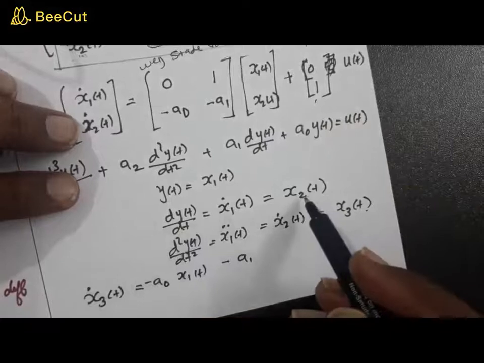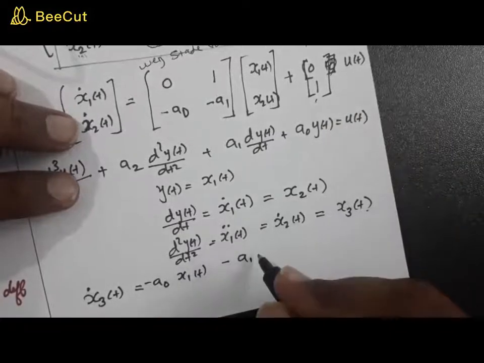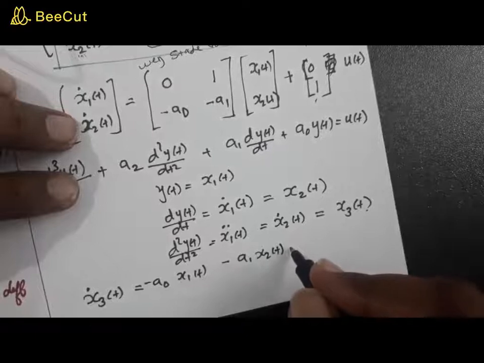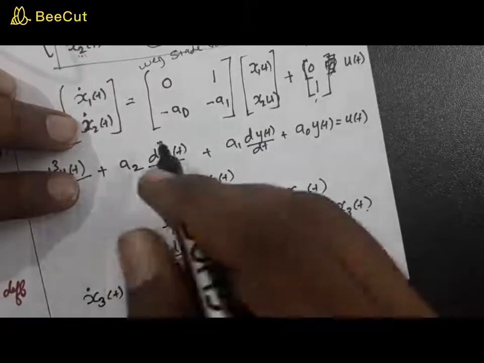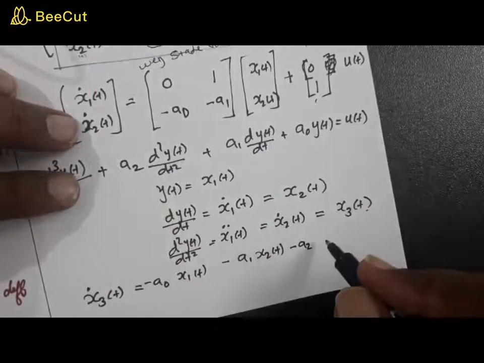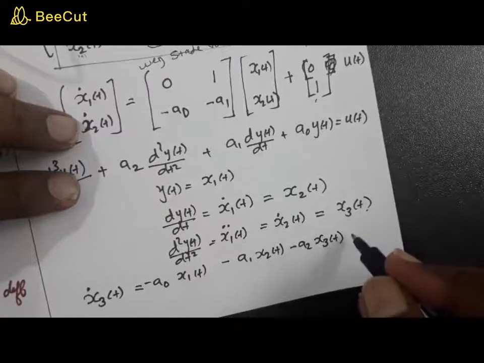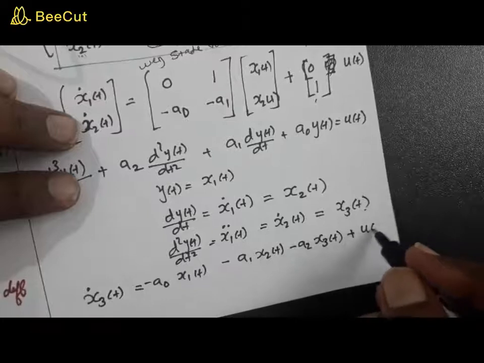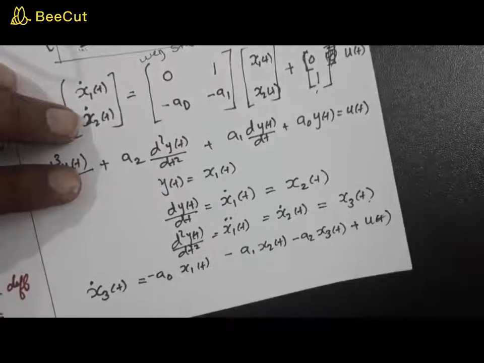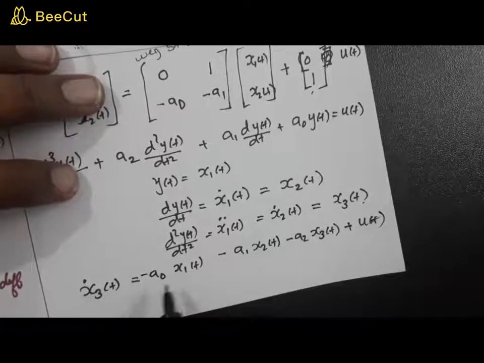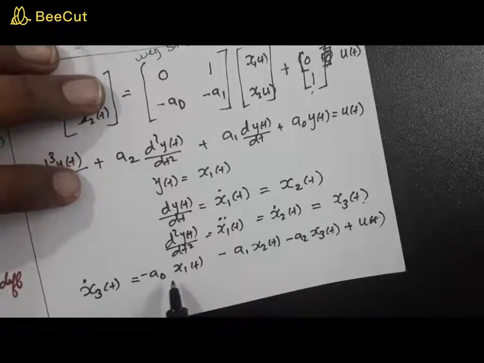Instead of dy of t, you can write this as x2 of t, right? So plus minus a2 into x3 of t, plus u of t. So you can see that x3 dot of t is decomposed.